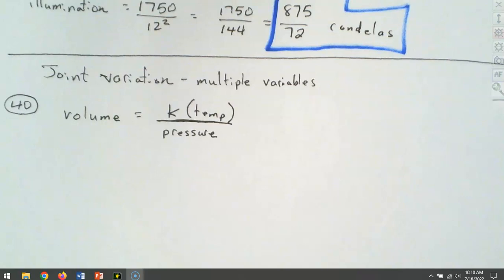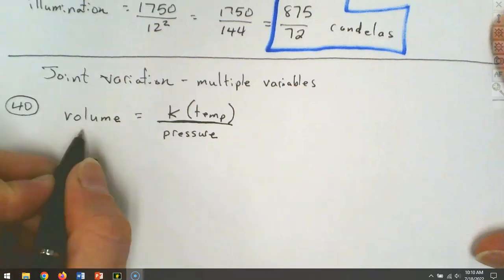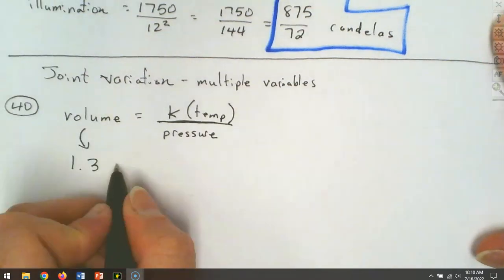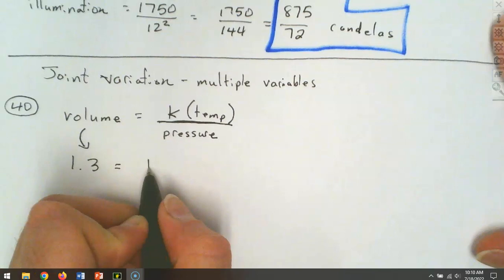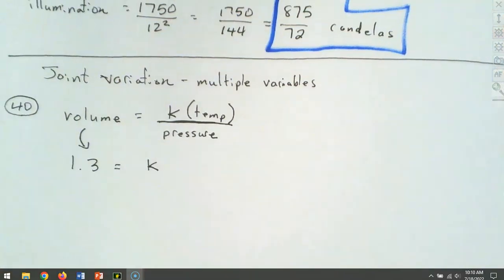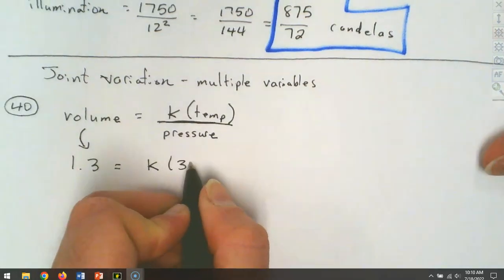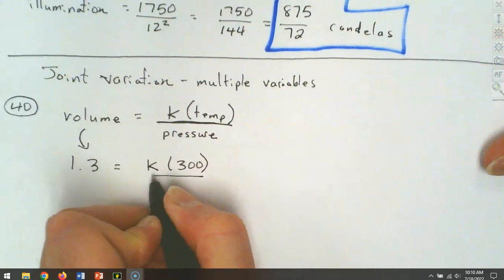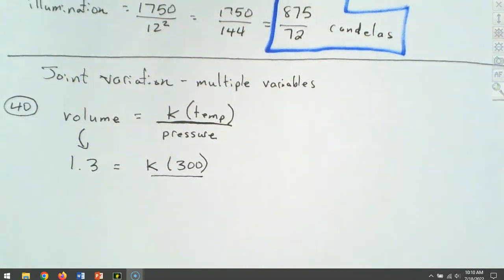So if a certain gas occupies a volume of 1.3 liters, so that volume is 1.3, we plug it in. K again is not known. At 300 degrees Kelvin, so that's your temperature, we'll do the 300 here, at a pressure of 18 newtons.